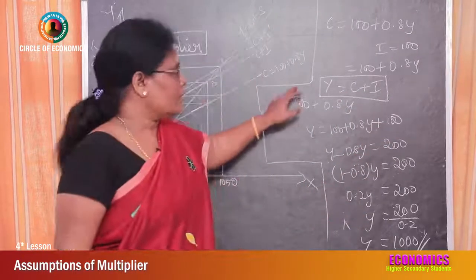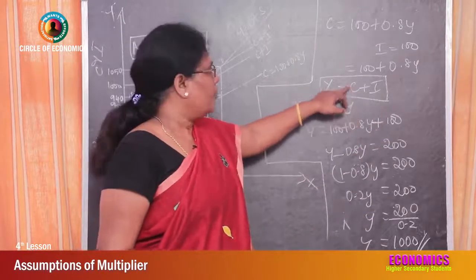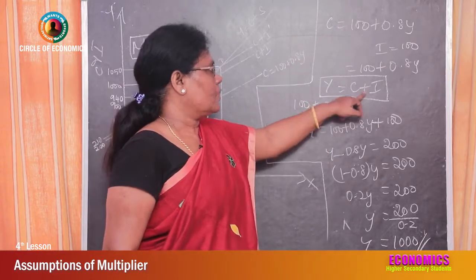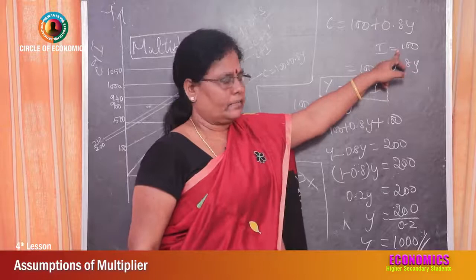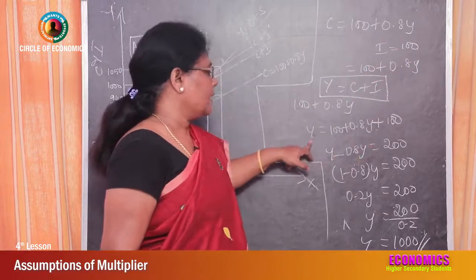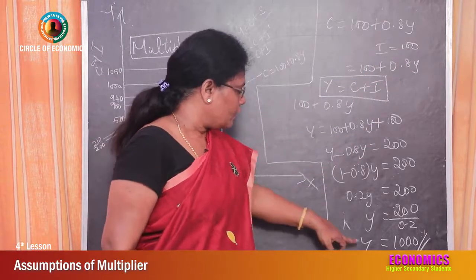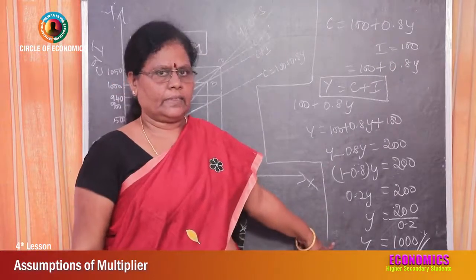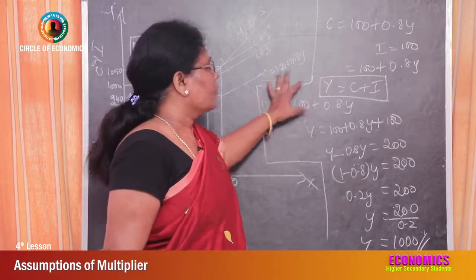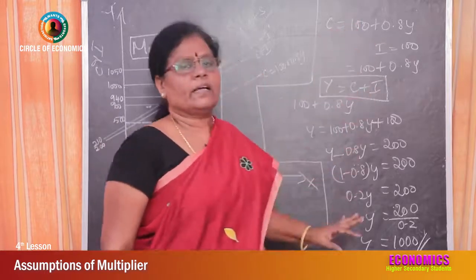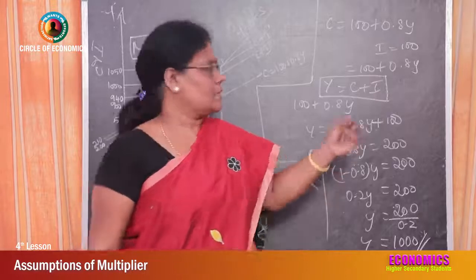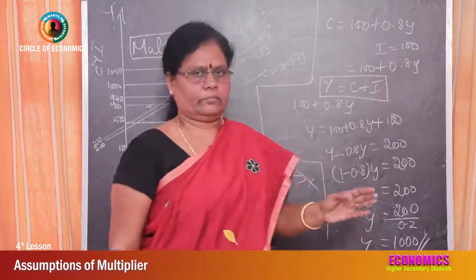Y is equal to C plus I. Apply C, 100 plus 0.8y plus what is investment? 100. So if you apply like this, you can get the value of Y. Clear? In the same way, when investment is increased by 10 crores, now this 100 crores is given.